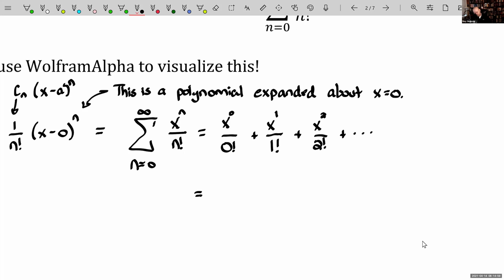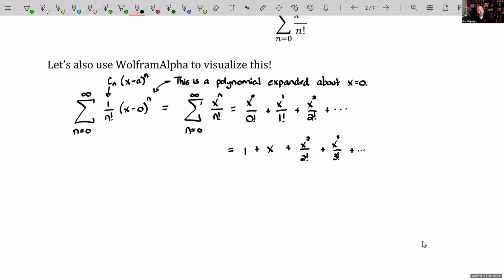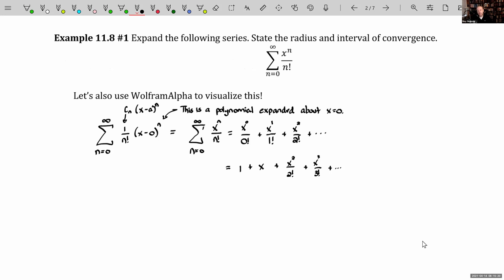So this is going to be 1 over 1 plus x over 1 plus x squared over 2 factorial, and then plus x cubed over 3 factorial, plus ... down the line. That's our infinitely long polynomial. Goes on forever and ever. That is not mind-blowing. It's just us kind of expanding it out. Nothing big.